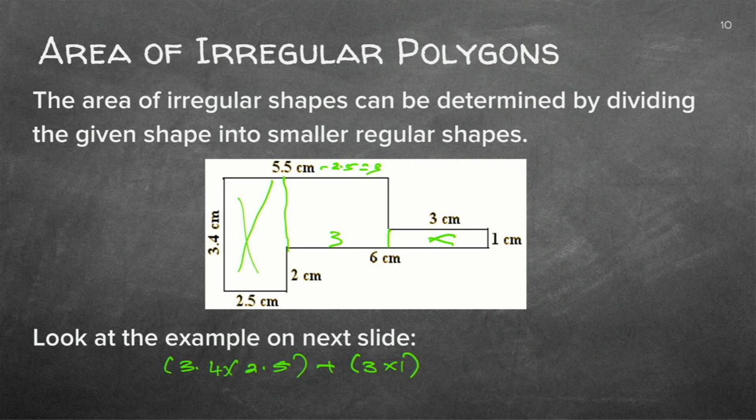And we know that this is 2 plus 1. So, and we know from the previous example that this is 0.4, remember? So now it's just going to be 3 times 1.4. 3 times 1.4. And then we're just going to add them up. So this is 8.5 plus 3 plus 4.2. And if we add them up, it is 15.7 centimeters square.